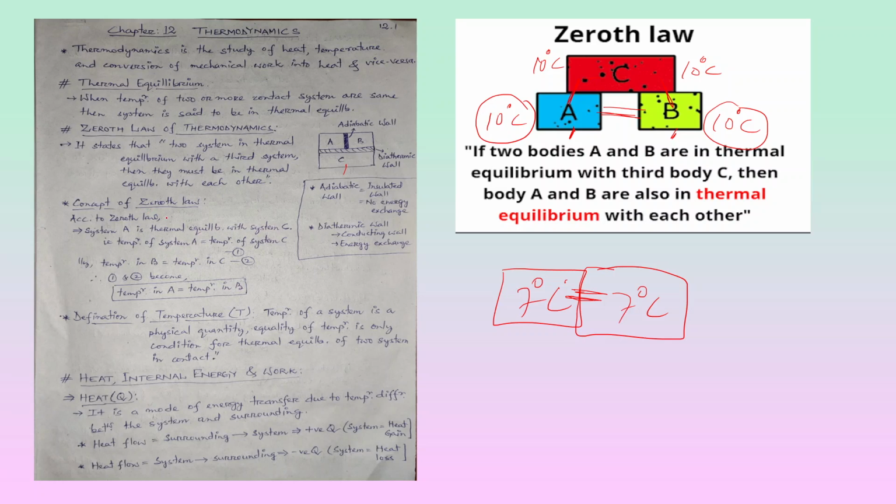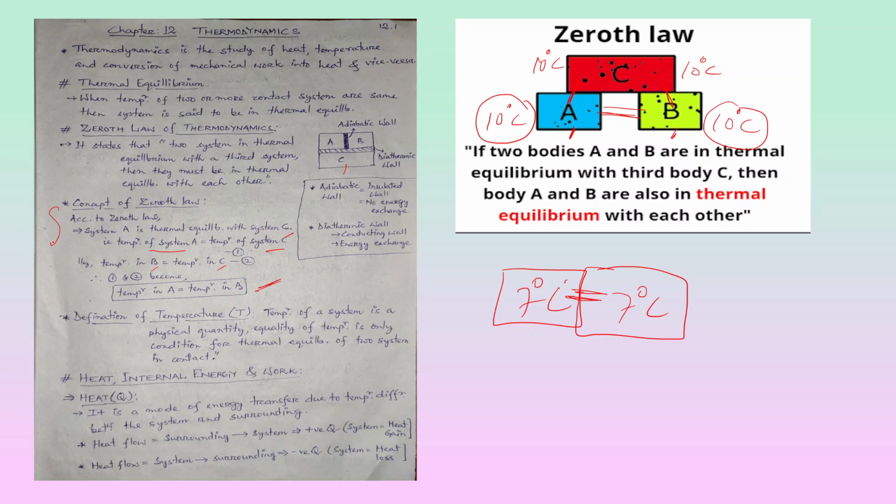From the zeroth law, we simply make a concept. System A is in thermal equilibrium with C, which means the temperature of A and the temperature of C are equal. Similarly, if the temperature of B and the temperature of C are equal, then we get that temperature A and temperature B are equal.